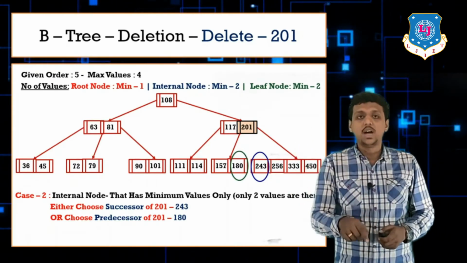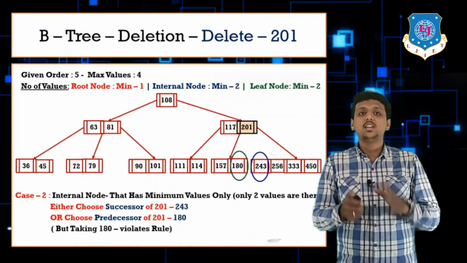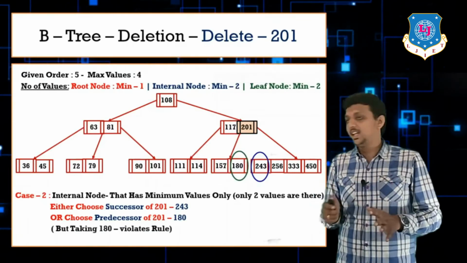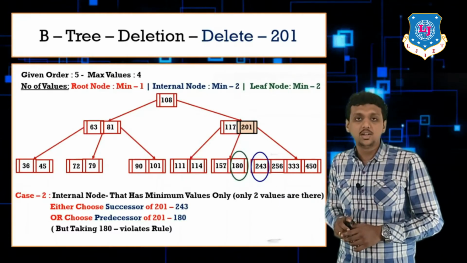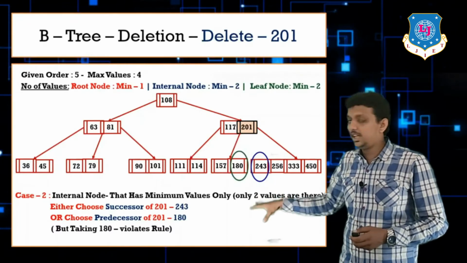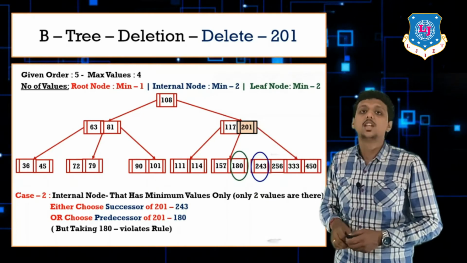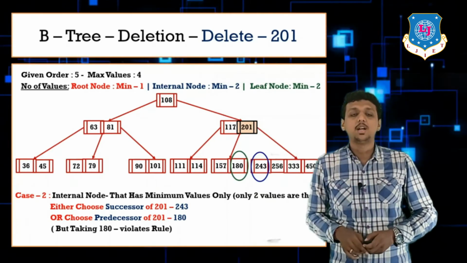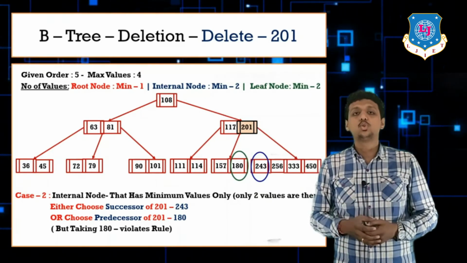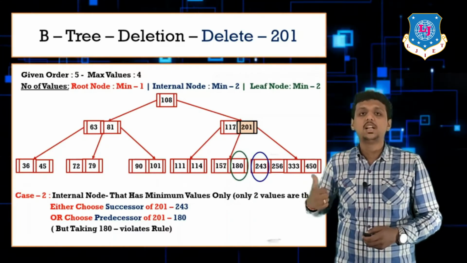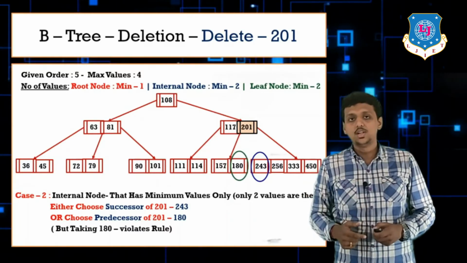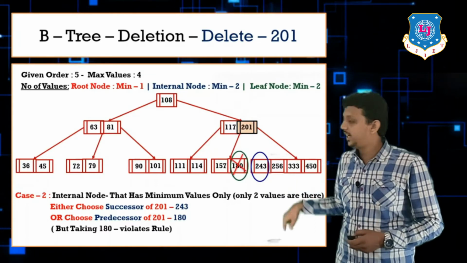Obviously 243. Why? Because if I choose 180, then the leaf node rule becomes violated. If I remove 180 from the leaf node and put it in the place of 201, then what happens? 157 becomes alone. That also should not be possible according to the B-tree deletion rules. So I just need to cross out 180.